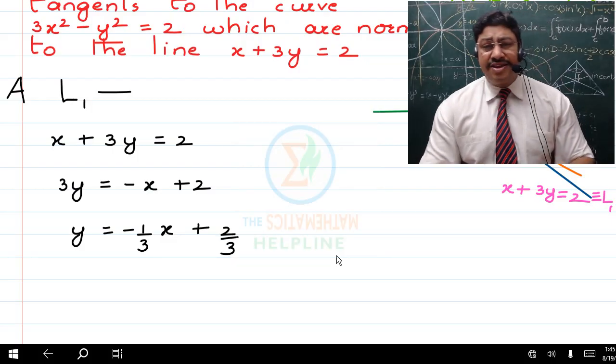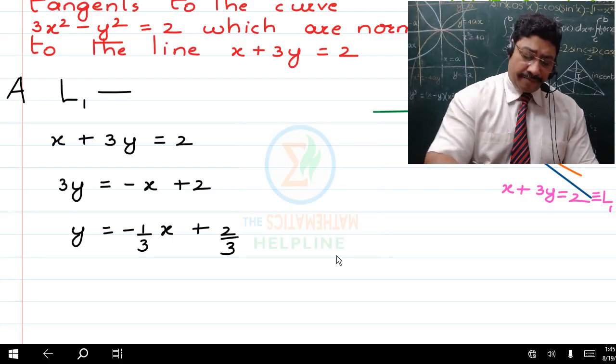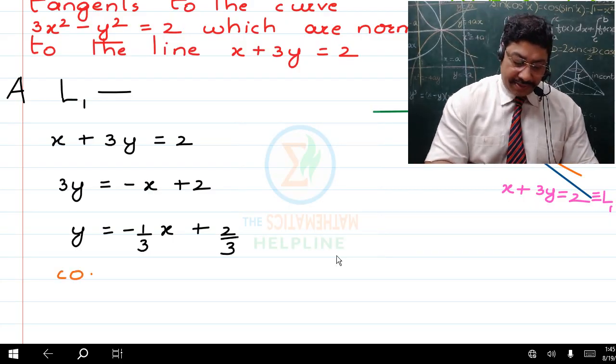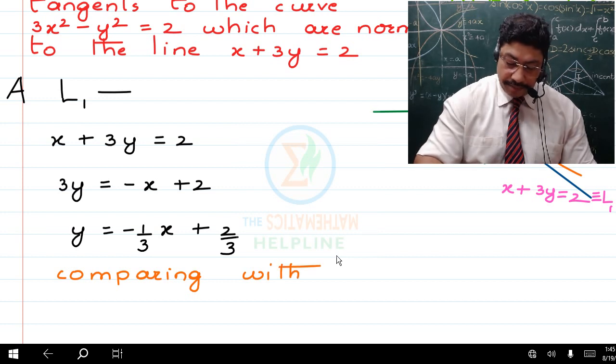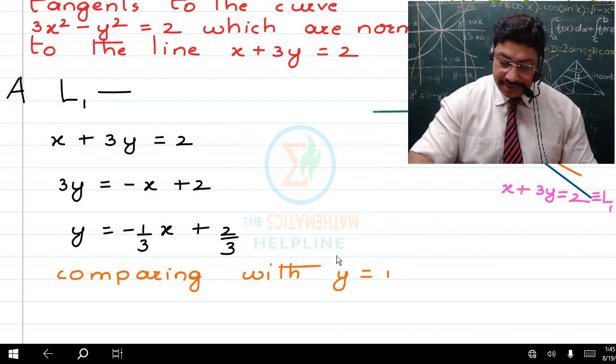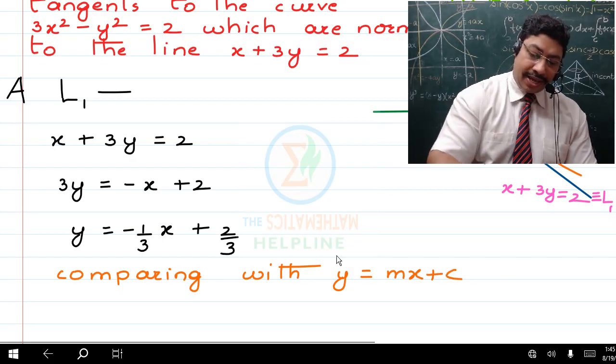Now, children, if we compare this with y is equal to mx plus c, we will now get the slope.